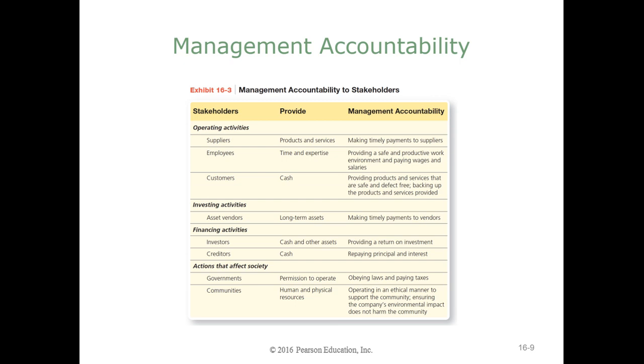Stakeholders, when you're talking about investing activities, we have asset vendors. Asset vendors provide long-term assets, and it's our responsibility to make timely payments to those vendors. Financing activities, we have investors and creditors, and investors provide cash and other assets.